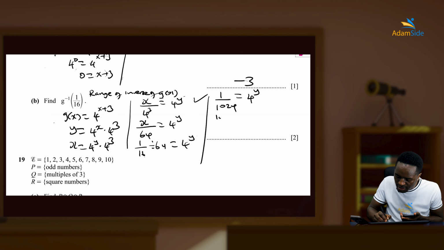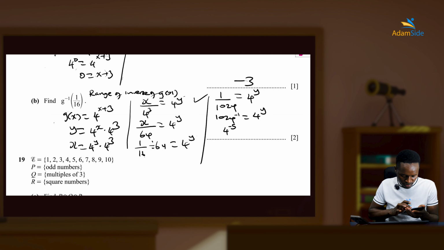So 1 over 1024 in base 4 is the same as 4 power negative 5. Yes, 4 power negative 5 is the same as 4 power y.